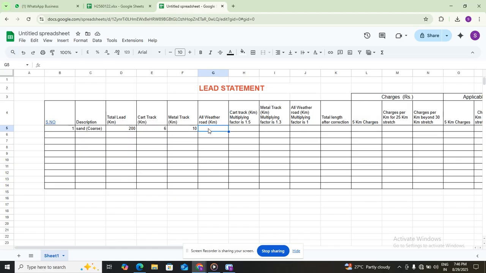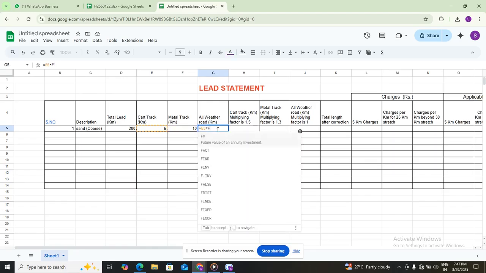The total distance is 200. We need to subtract these two. Sorry guys, wait one second.